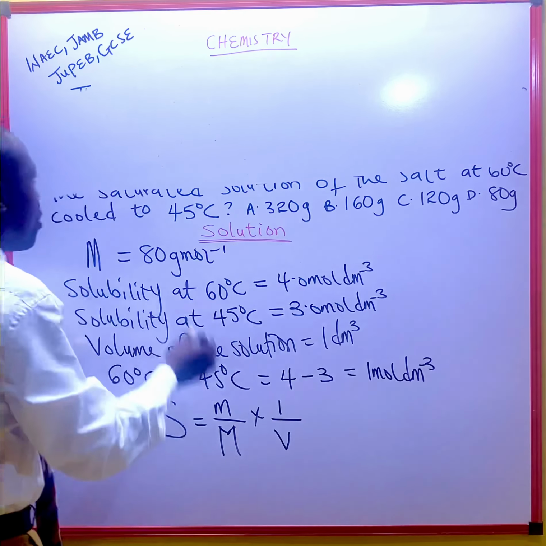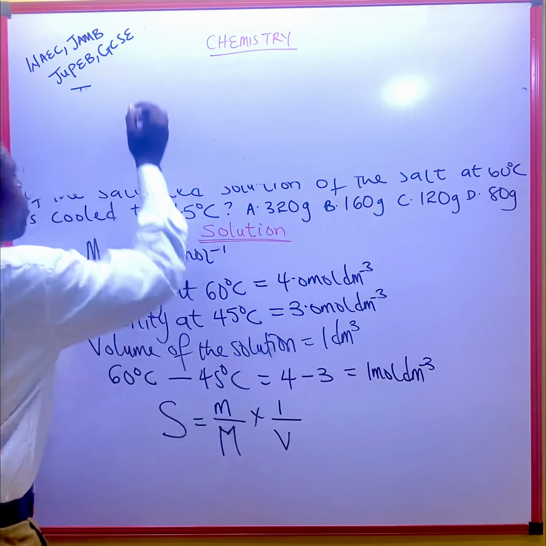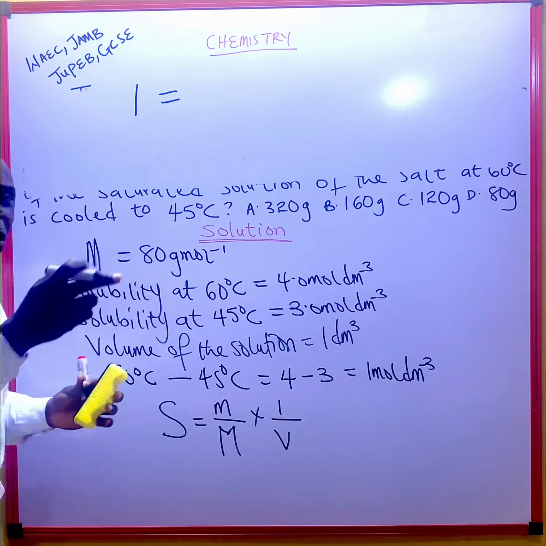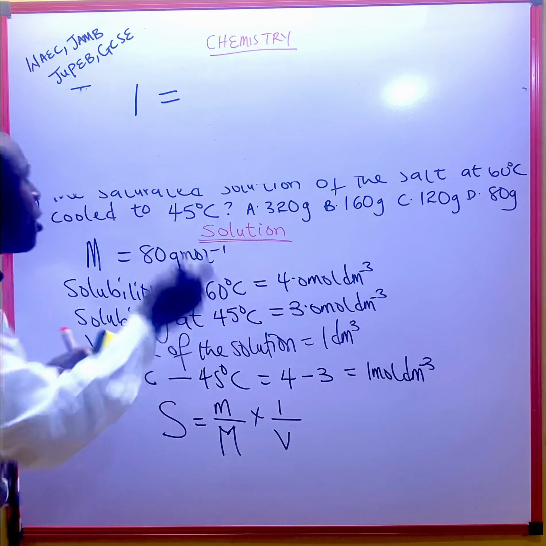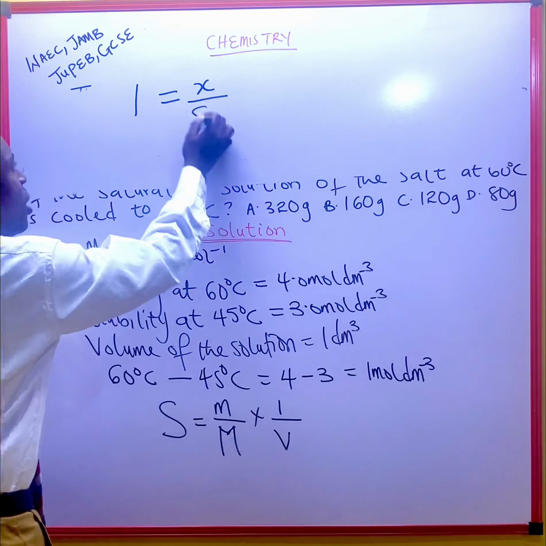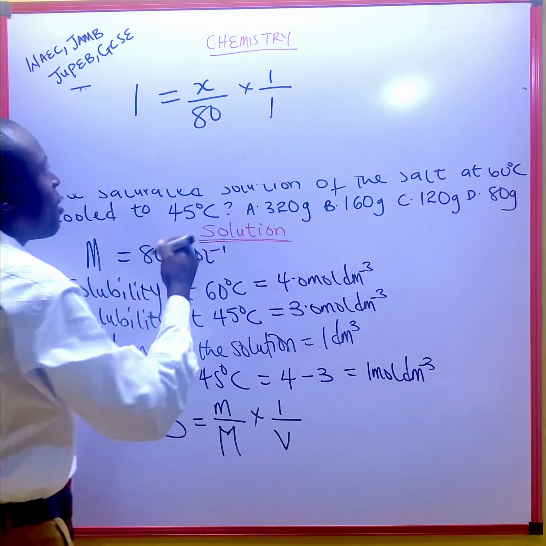What do I do here? The solubility from the question was 1 mole per dm cube, so 1 is equal to x, the mass of the salt that will crystallize out, over the molar mass of the salt, which is 80, times 1 over 1. It's simple.